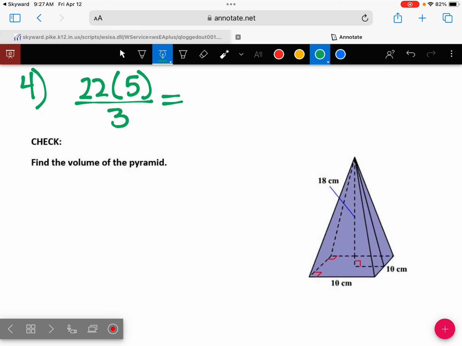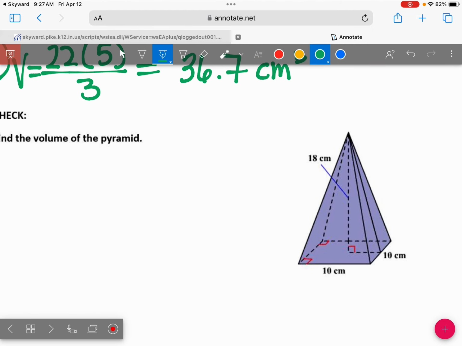The height is 5. So to find the volume, you just take 22 times 5 and divide it by 3. So go ahead, use your calculator. Figure out what you get. And it should be units cubed. So they were nice enough to already give us the area of the base.